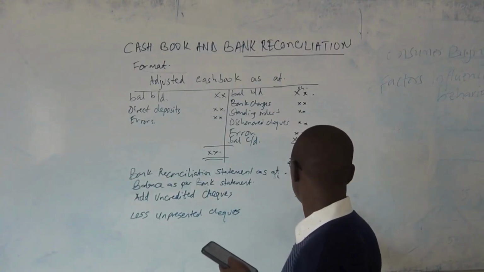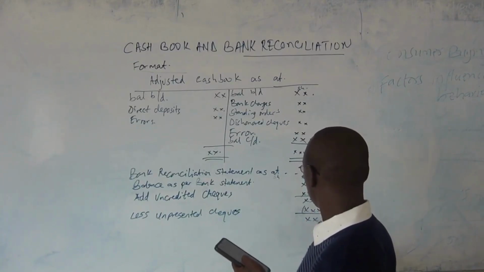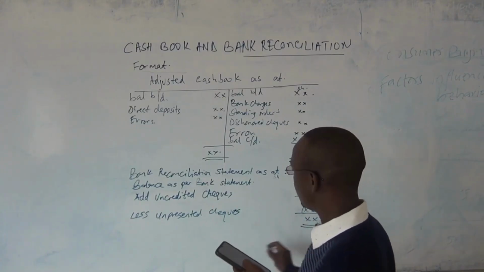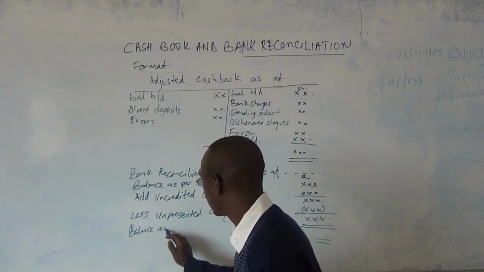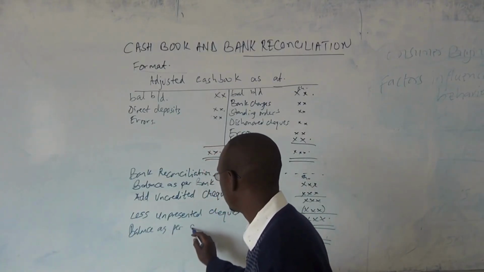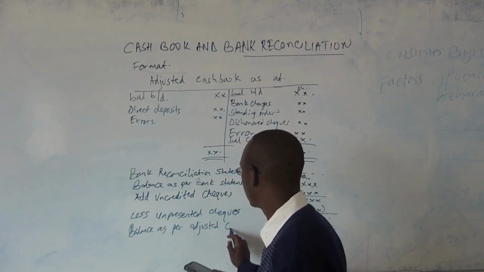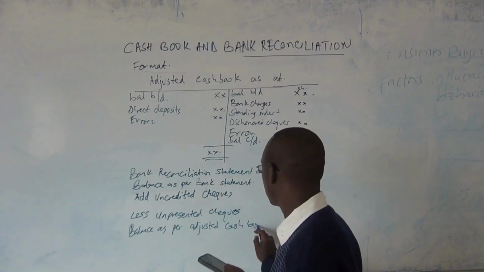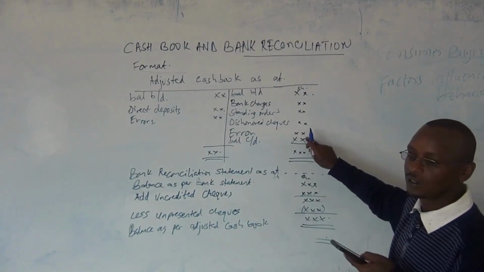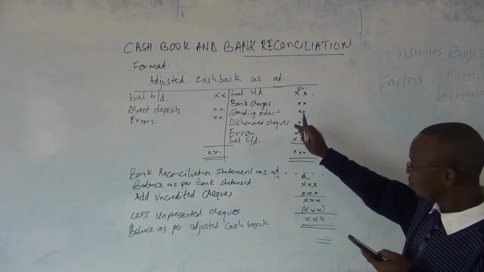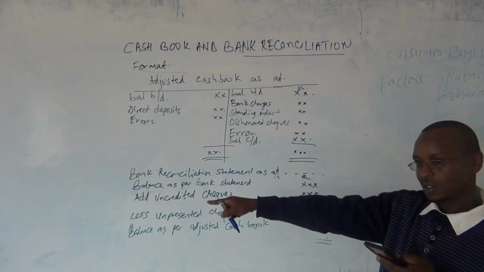List all of them, put the final figure here, this is minus, then what you get here will be the balance as per adjusted. This balance should be the same as the bank statement in the other format.